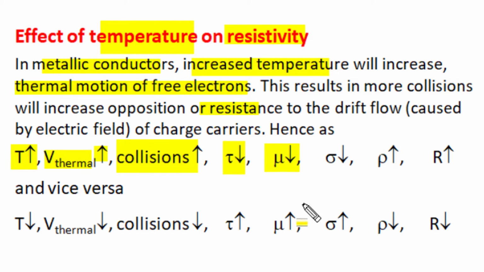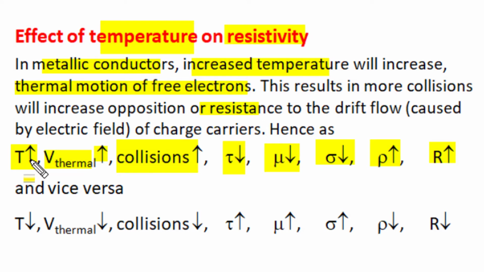Decreased mobility will reduce conductivity, as conductivity is directly proportional to mobility when the number of free charge carriers is constant. And in metal, increasing temperature will not change the number density of free charge carriers, and when mobility has decreased, that has decreased conductivity, and inversely, resistivity and resistance get increased. So temperature and resistance have an identical relation.